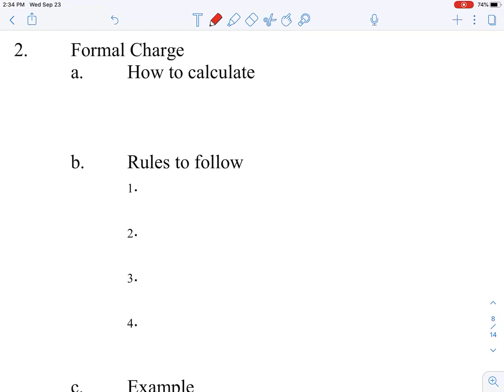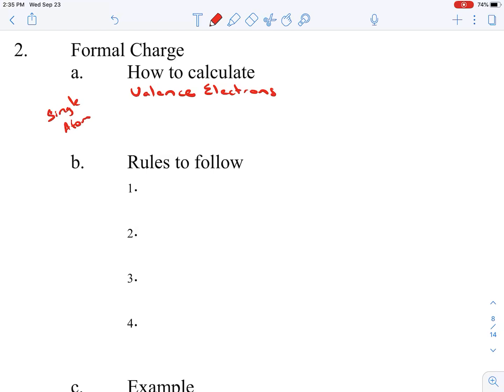So how we calculate formal charge is really pretty simple. You're going to start with the valence electrons. It's like a little calculation. We're going to take valence electrons, and this is on a single atom. Single atom. Please do not try to do all the atoms together. It will get messy and you'll also be wrong.